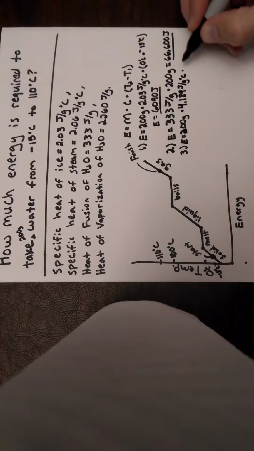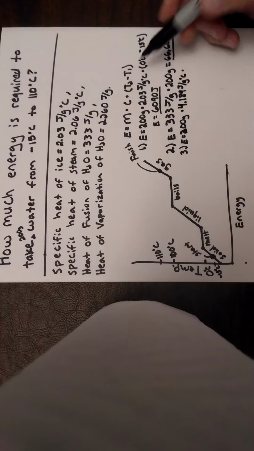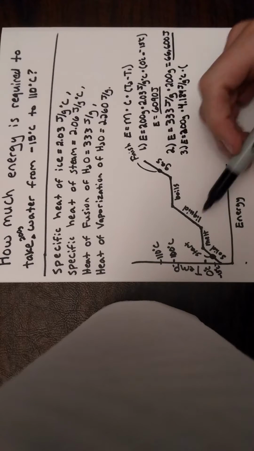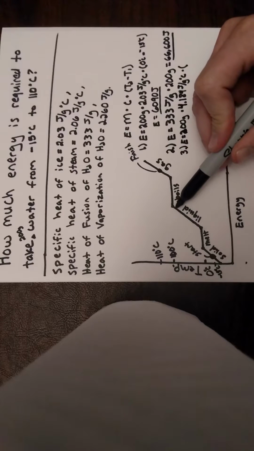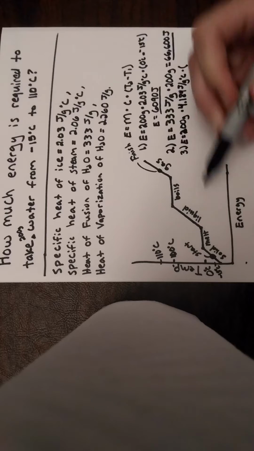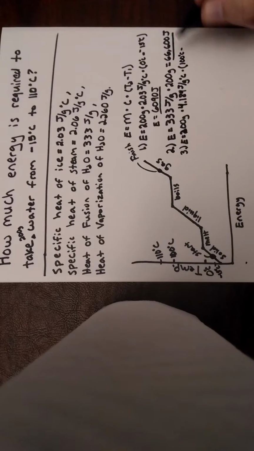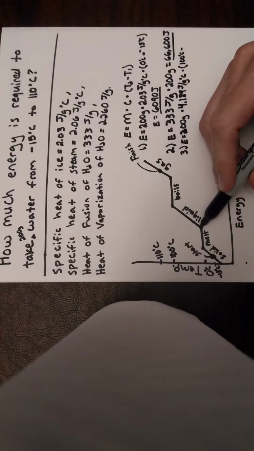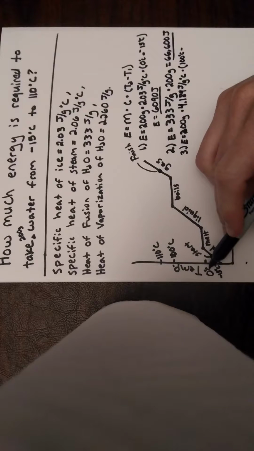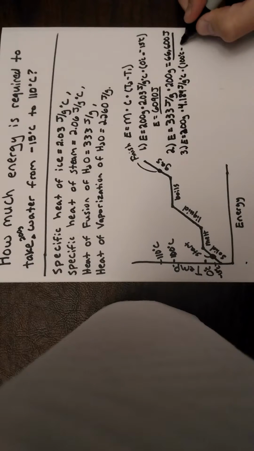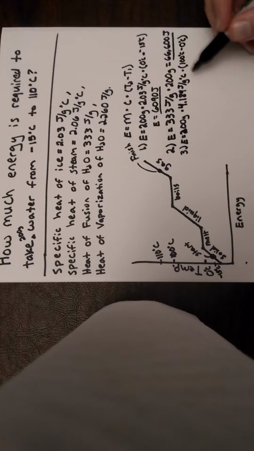That was our M, our C, our change in temperature. So our final temperature is going to be up here at the end, which is our boiling point, 100 degrees Celsius. So that's T2. So 100 degrees minus our starting temperature, the melting point, which is 0 degrees Celsius. So 100 minus 0 is just 100, but it'll let our units cancel.